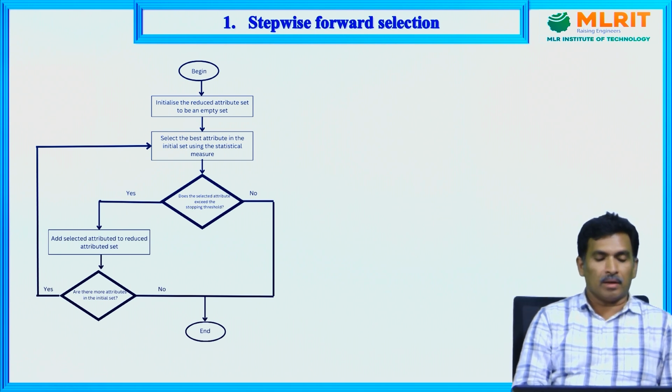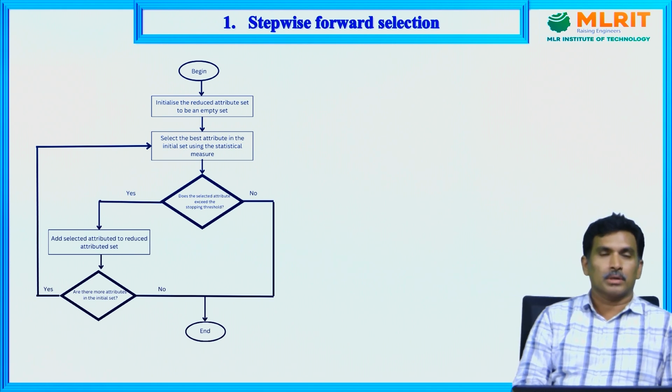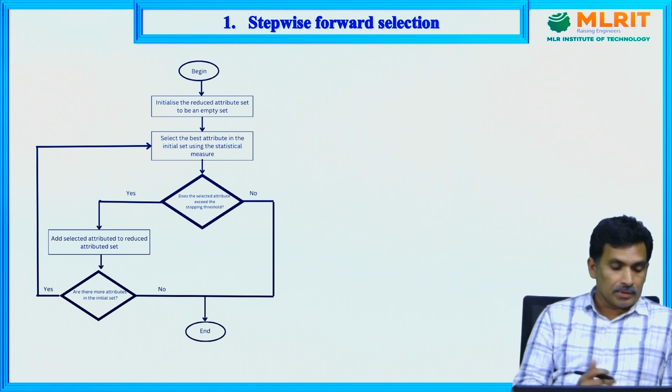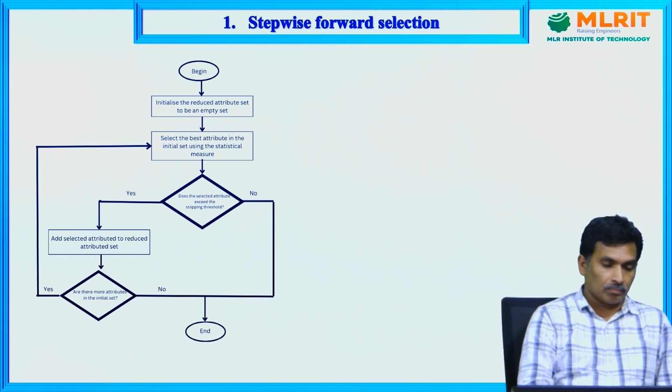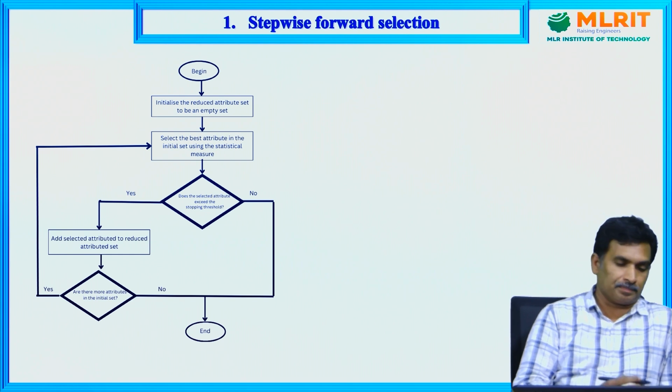For example, if you look at the stepwise forward selection heuristic approach, how is it going to identify the attribute sets? It begins with the reduced set, an initial empty set.